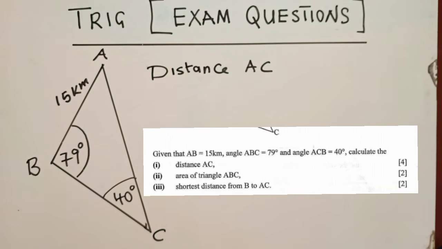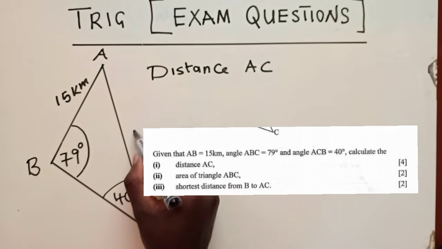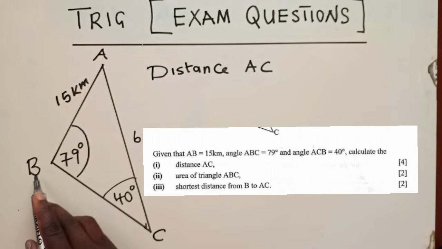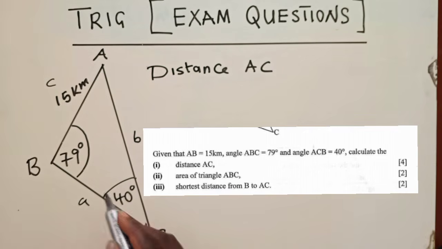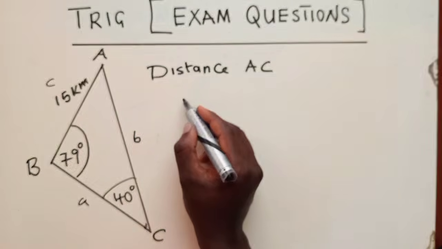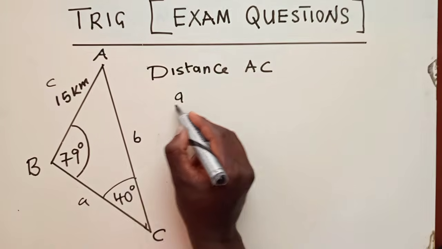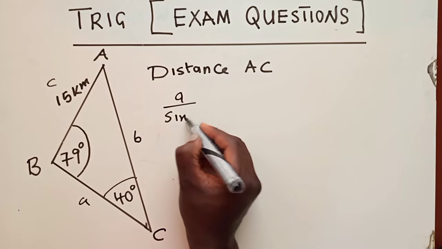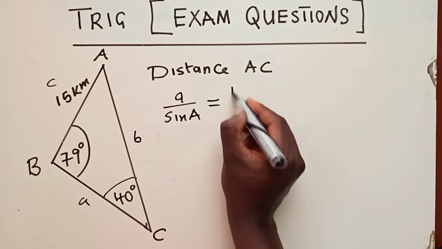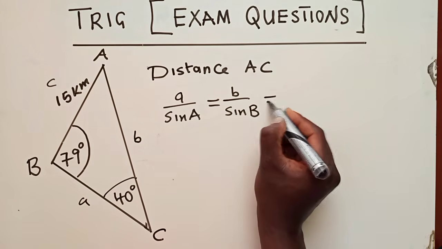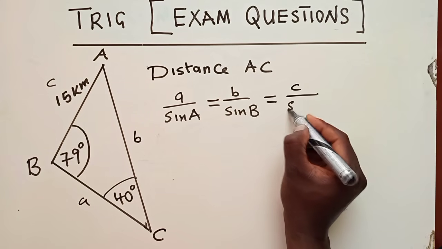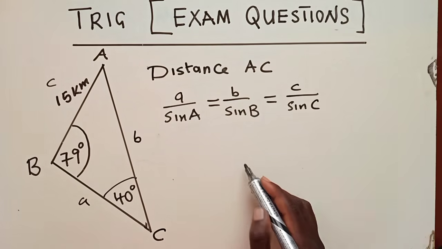We have small letter b, small letter c and a right here. So we can say the formula a over sine capital A is equal to b over sine capital B, which is equal to c over sine capital C.